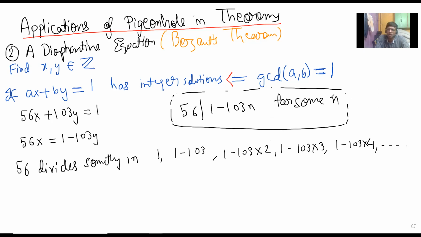So just consider remainders and so on. You have this infinite sequence, so you can try to consider remainders when divided by 56.